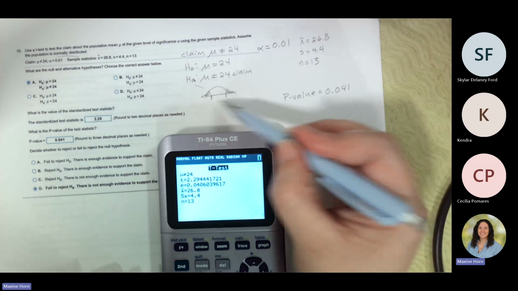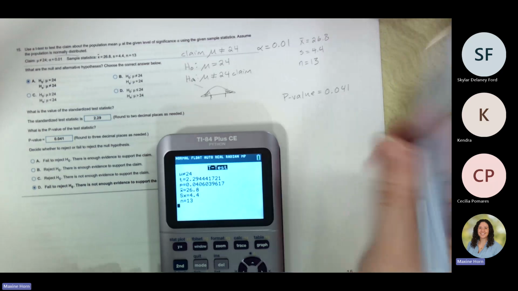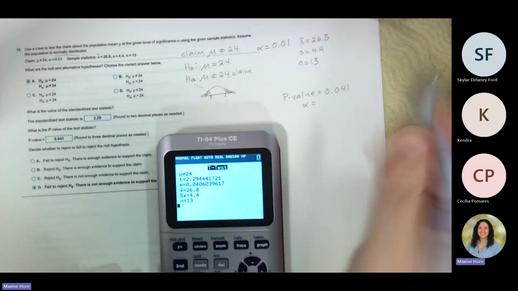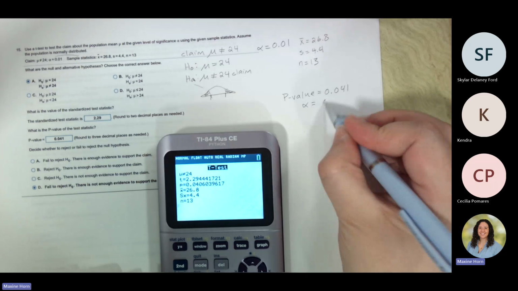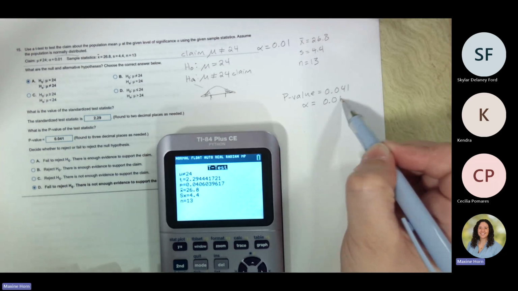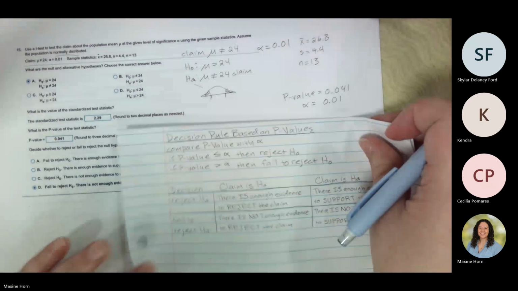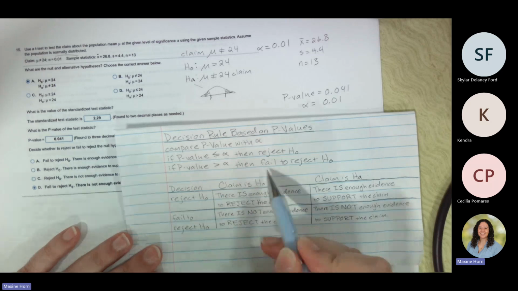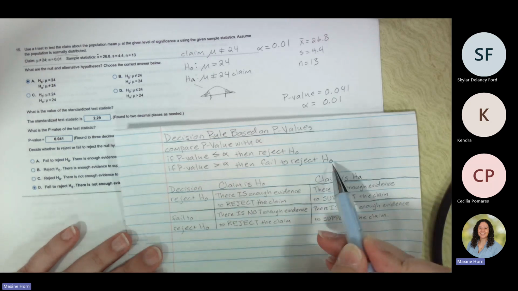This is just on the other side, reflected. Okay, so we have our p-value. So remember, we're going to compare that to our level of significance. So our p-value is greater than our level of significance, our alpha. Our p-value is greater than our alpha, so we're going to fail to reject the null.